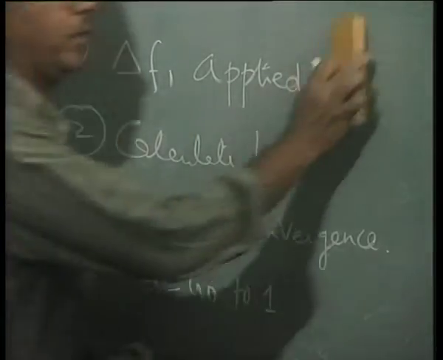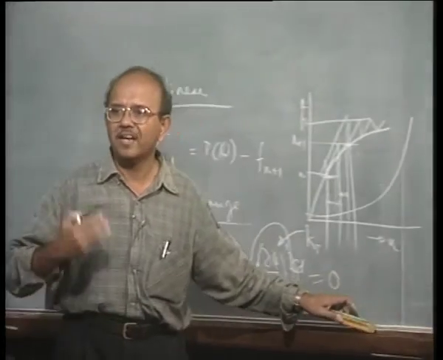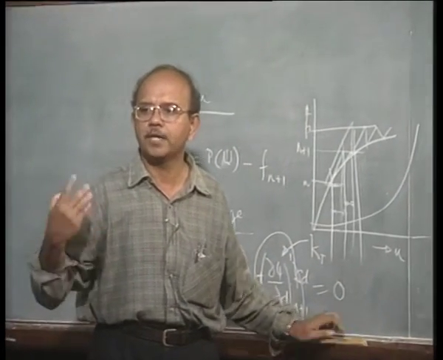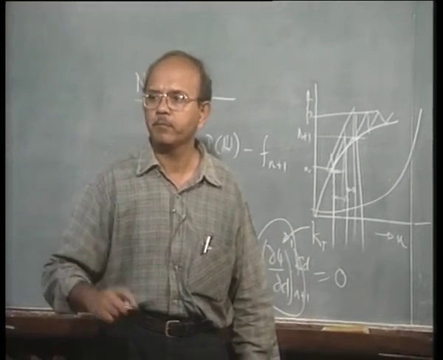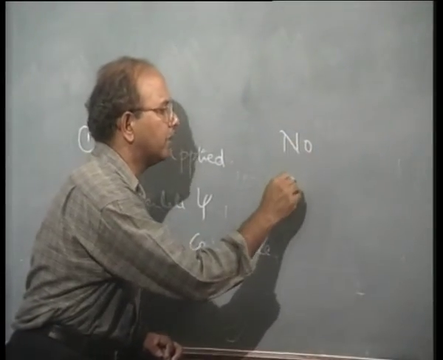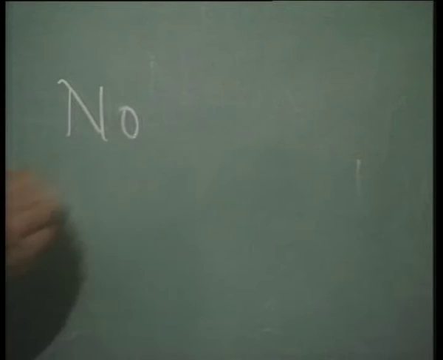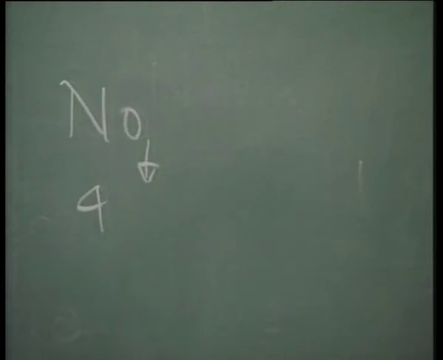If no, we will put the correct one later in the next class, but let us, because your understanding will go up if you start thinking. If no, then you come to the step into the iteration loop, step 4. No means you go into step 4.